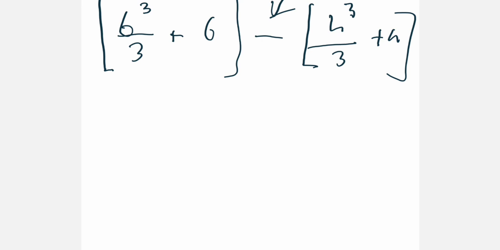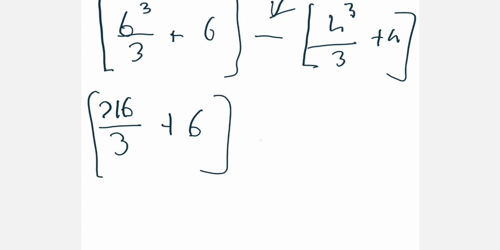And 6 cubed is 216 over 3. And then we just have to plus 6. Minus 64 over 3.